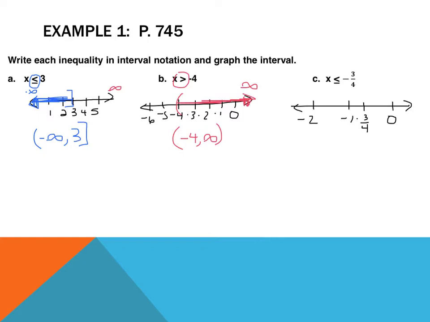So it's going to have a bracket, and less than or equal to will shade to the left. The arrow represents negative infinity in this case. So my interval notation would be negative infinity to negative 3/4, and negative 3/4 has a bracket.